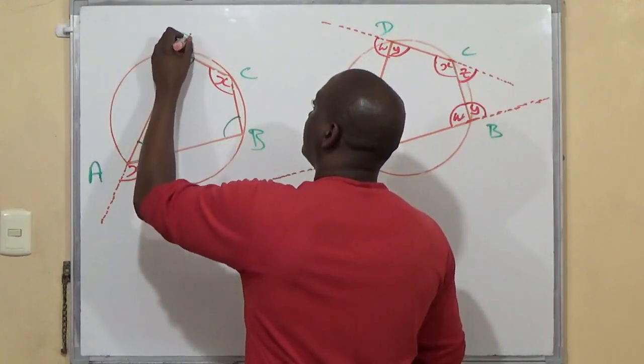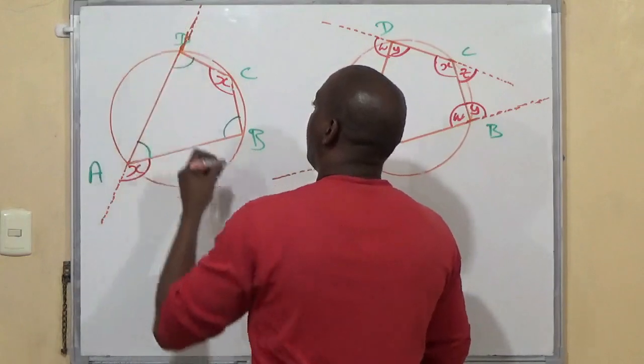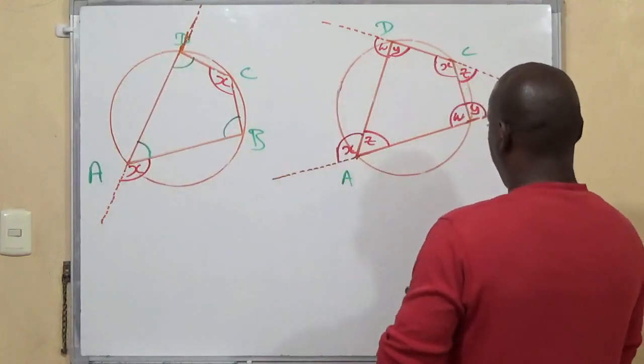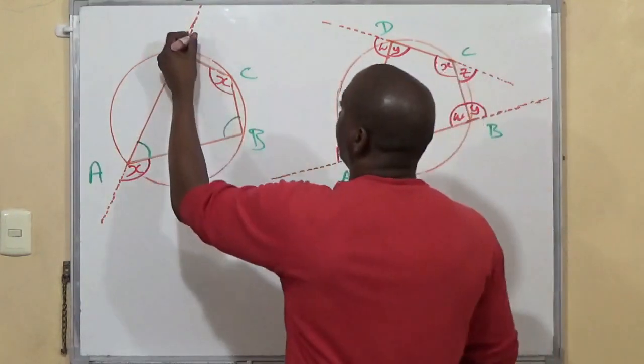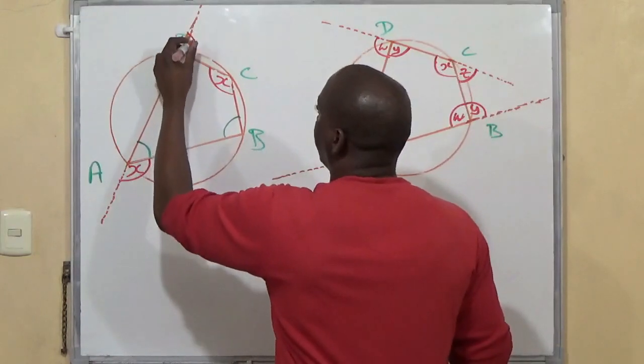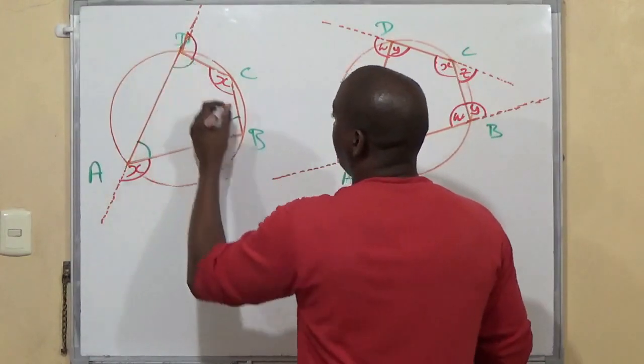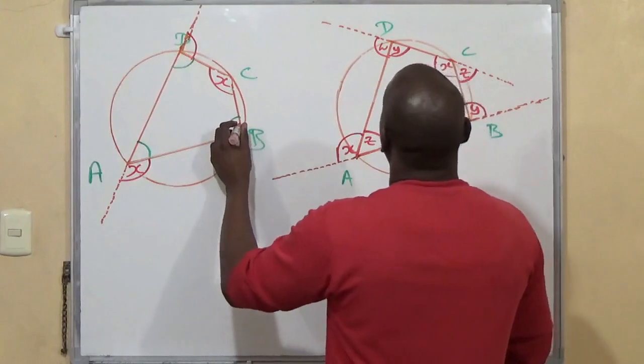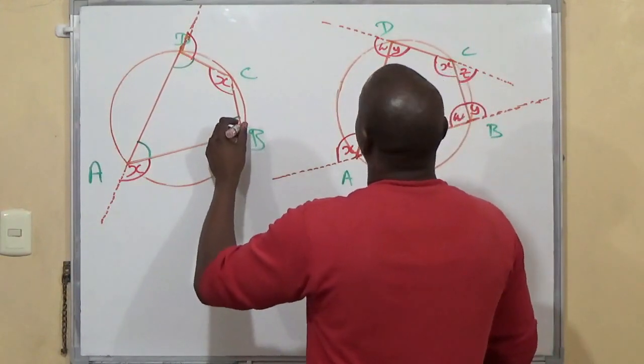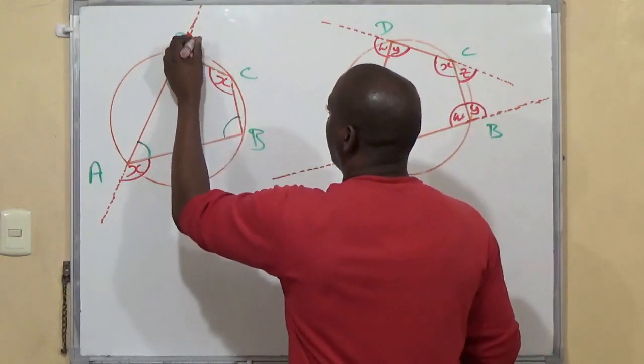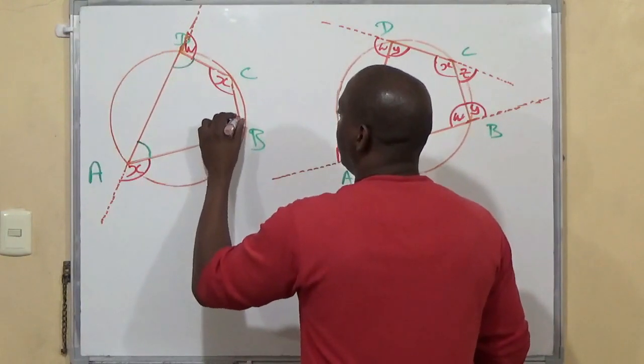If we extend like this, then this angle here, exterior, will be equal to interior opposite. Alright? So this will be angle W, and this here would also be angle W.